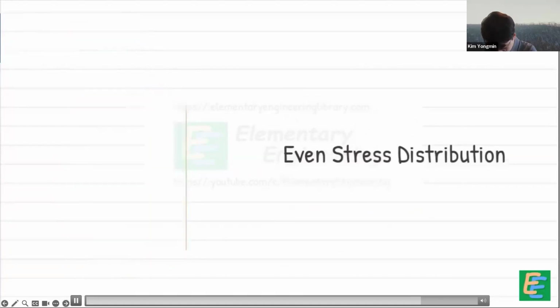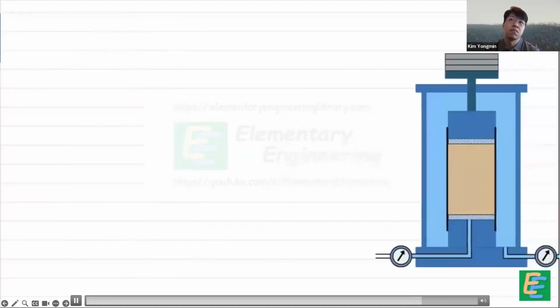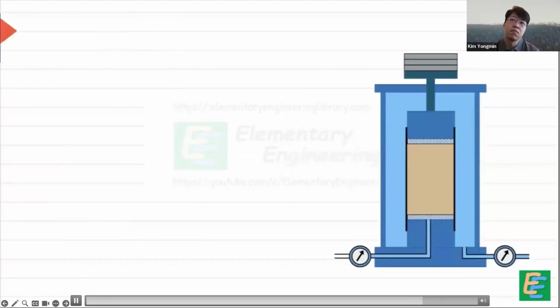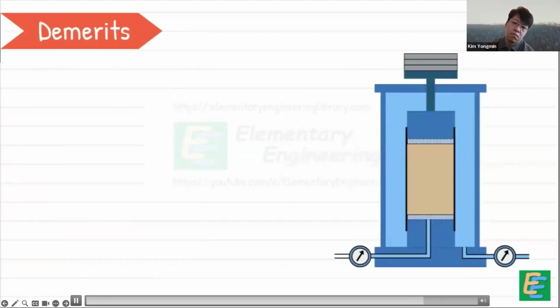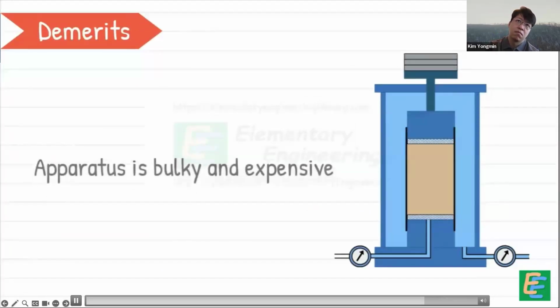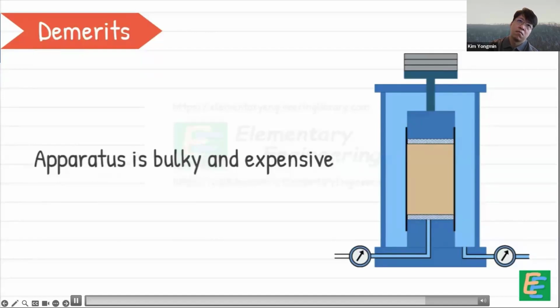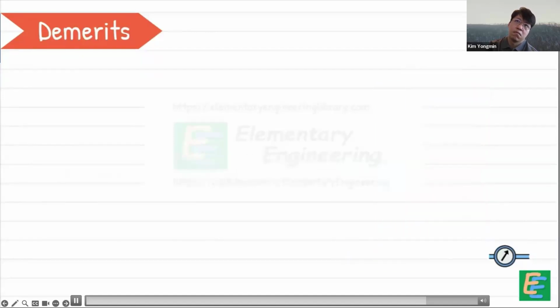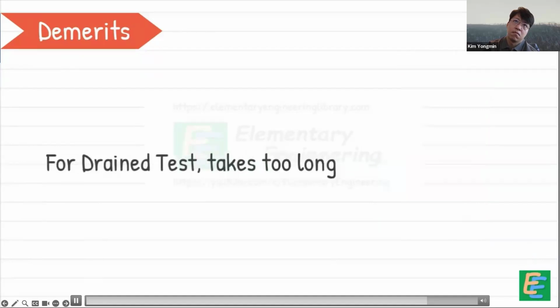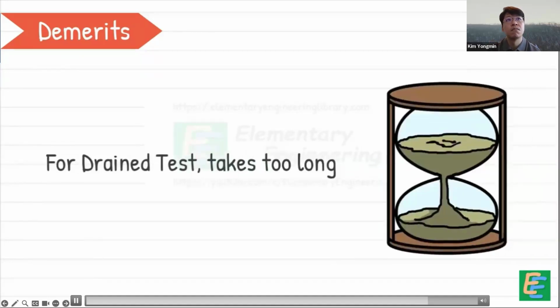However, even with so many advantages of the triaxial shear test, it has some limitations too. First, the apparatus is quite bulky and expensive. Then, for drained tests, the experiment takes a long time to complete compared to the direct shear test.